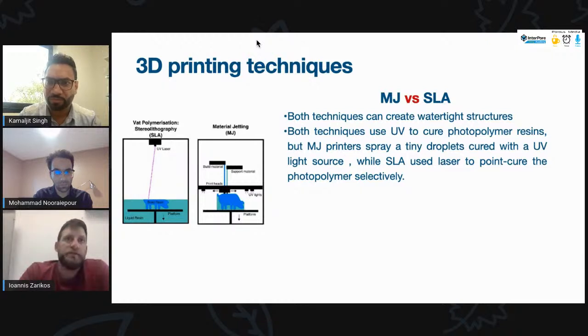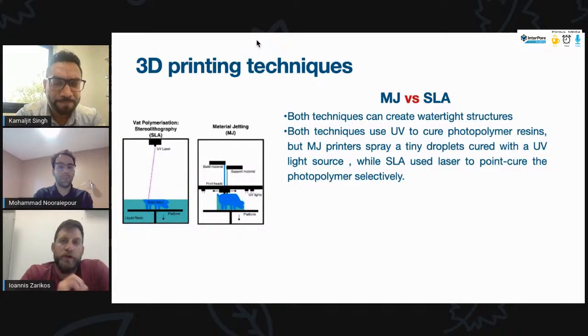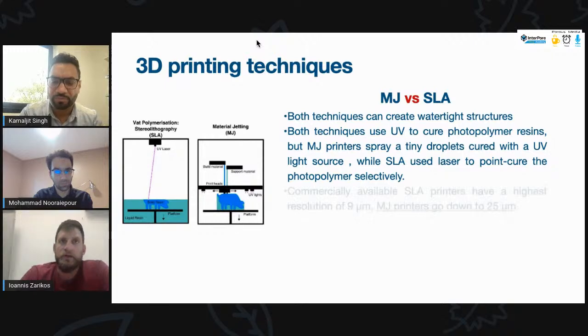The main difference between the two techniques is that MJ printers only spray tiny droplets and cure them by UV lamp, while for the stereolithography technique, we have a bath of photopolymer, and then with a laser, we point-cure the area that we want to be hardened. So it's slightly different.